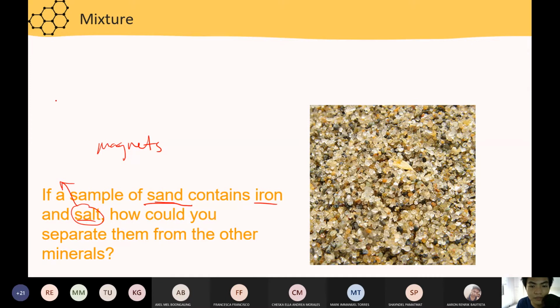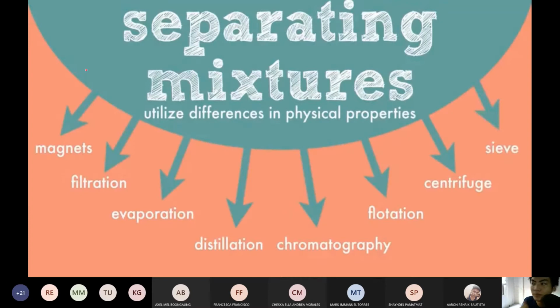So as you can see, there are many ways of separating our mixtures. These are the ways that I described earlier, so let's discuss them again. You can separate your mixtures by utilizing their differing physical properties, with the help of magnets.